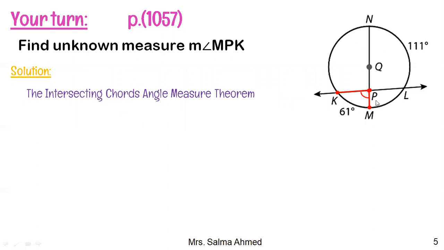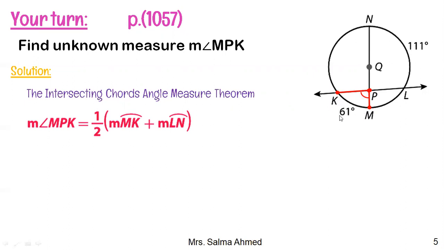Here is a chord and here is a straight line. So I need half this arc plus this arc. The measure of angle MPK is equal to half the measure of arc MK plus the measure of arc LN.